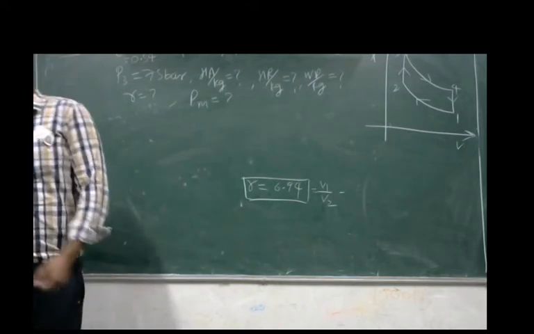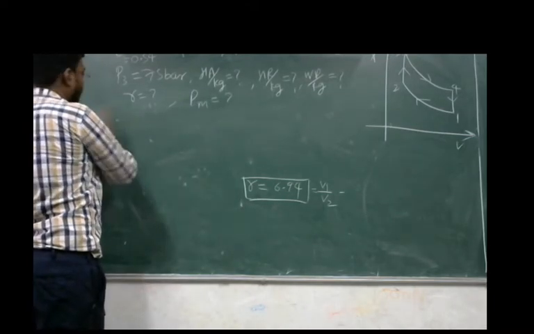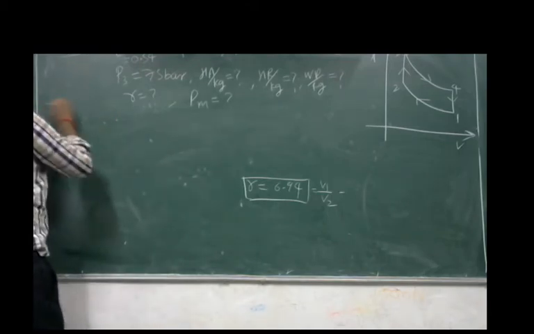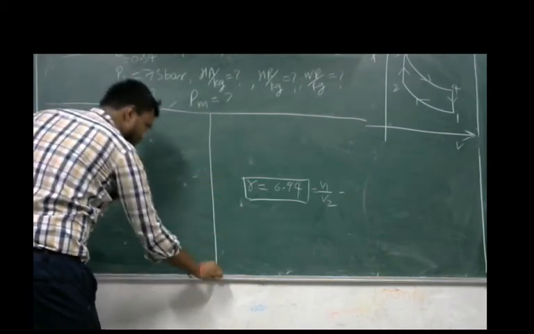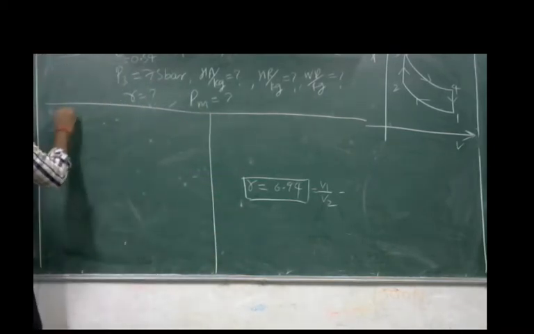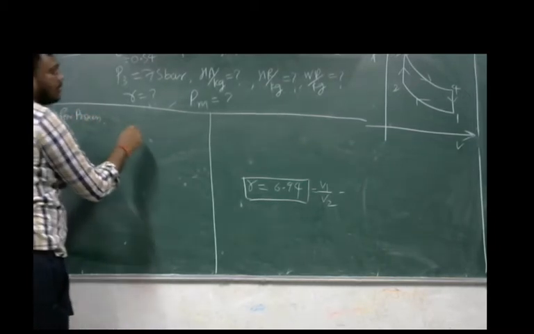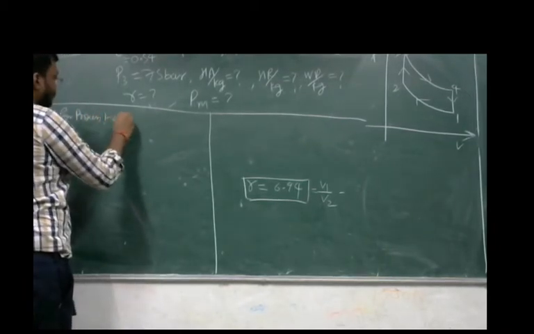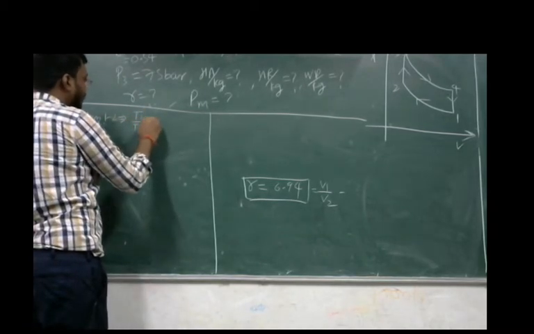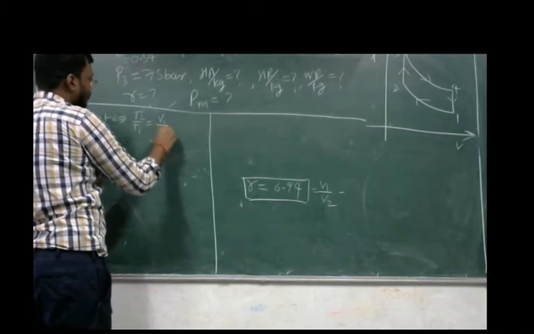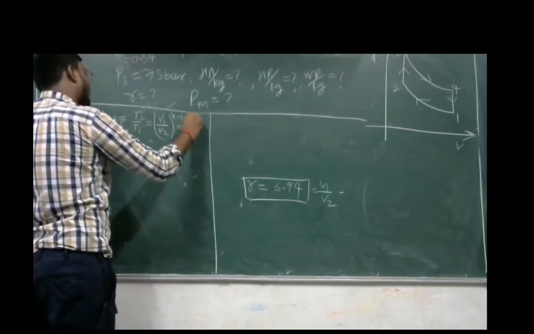We know the formula for process 1 to 2: T2 by T1 equals (V1 by V2) to the power gamma minus 1, or r to the power gamma minus 1.